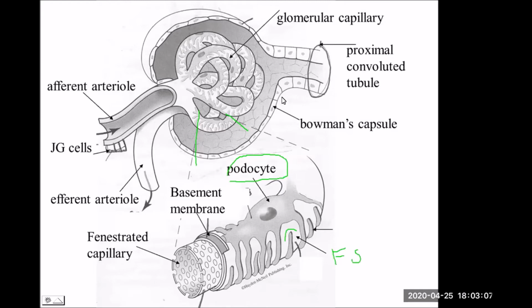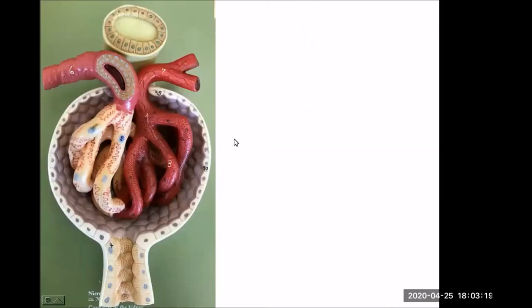We have the outer portion of the Bowman's capsule, and one name is Bowman's capsule for this section here. Another name is parietal epithelium. And we'll move to the model. So this can be called the Bowman's capsule or parietal epithelium.